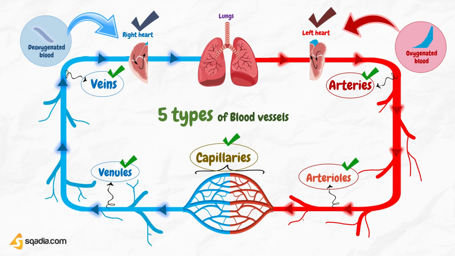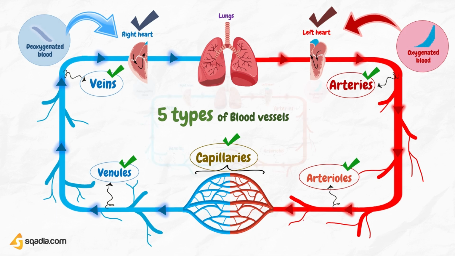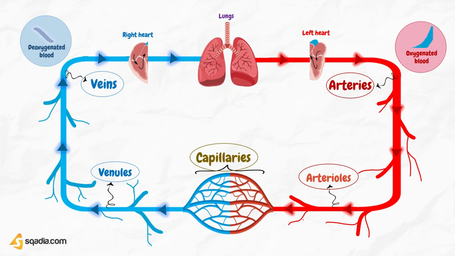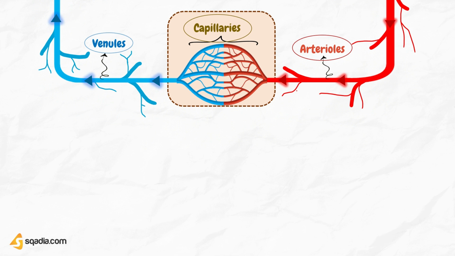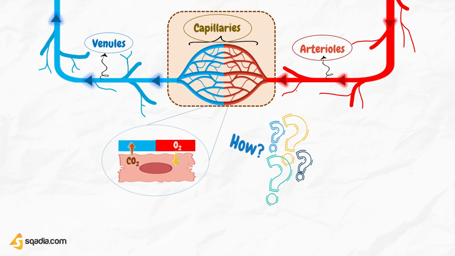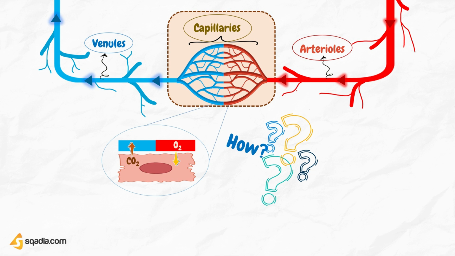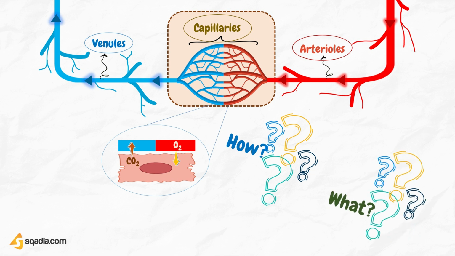This is complete blood circulation, but the area of our concern in today's video is the one involving capillaries, where we know the exchange takes place between tissues and blood. Because today we will learn about how this gaseous and chemical exchange occurs at the tissue level, and what is the driving force behind that. And we will get answers to these questions under microcirculation.